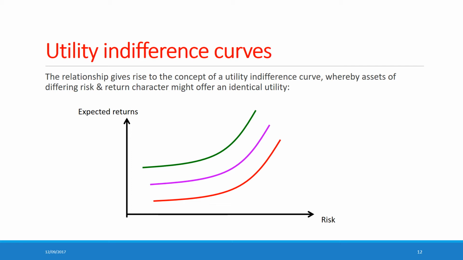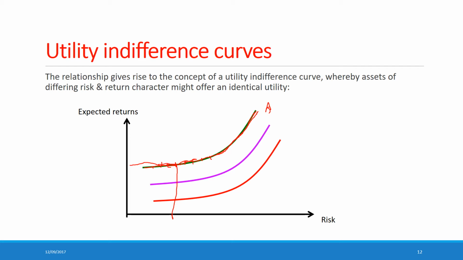So what we have here is a utility indifference curve, where any points, any combinations of assets, any combinations of risk and return along this line give the investor the same utility, right? So any point here is an efficient point in the sense that at this level of risk, this is the maximum level of return that the investor gets, right?